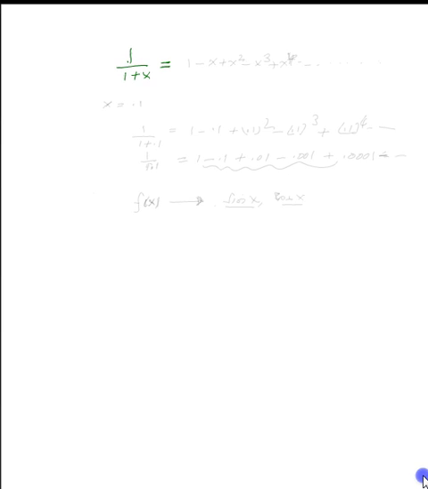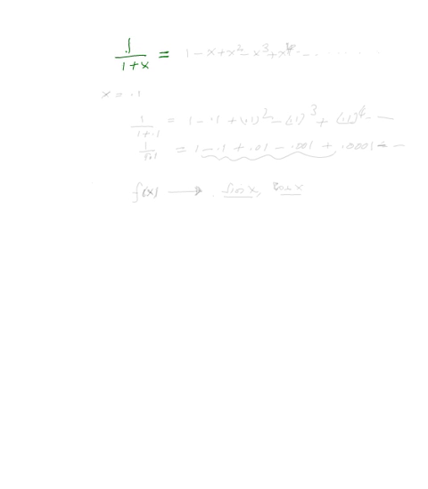So if I write 1 over 1 plus x in polynomial format, it looks like 1 minus x plus x squared minus x cubed plus x to the 4th power, and so on.